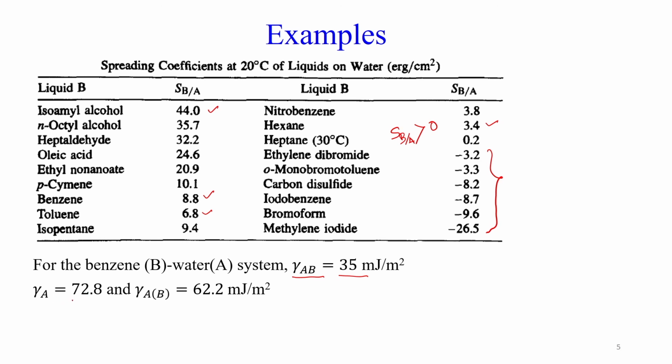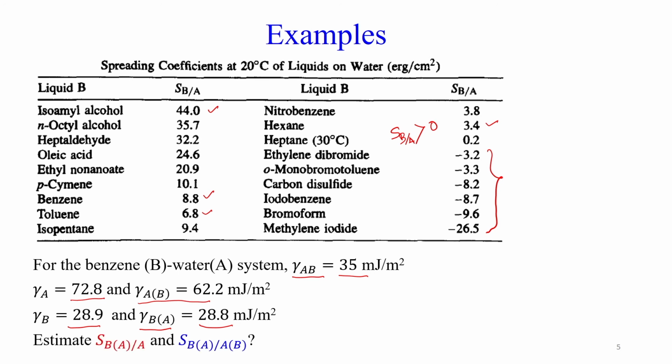Surface tension of water is 72.8, but after getting saturated with benzene, as I told, it decreases to 62.2 millijoule per meter square. Surface tension of benzene is 28.9, and when it is saturated with water, it decreases to 28.8 millijoule per meter square.